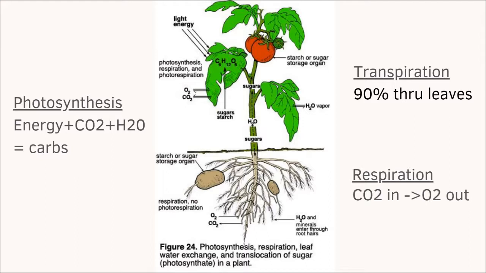What's really cool is that stomata only take up about 1% of a leaf's surface area, but those little cells are responsible for 90% of the water that is transpired.